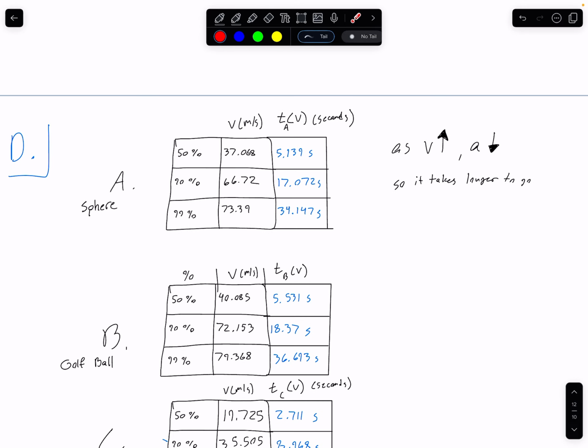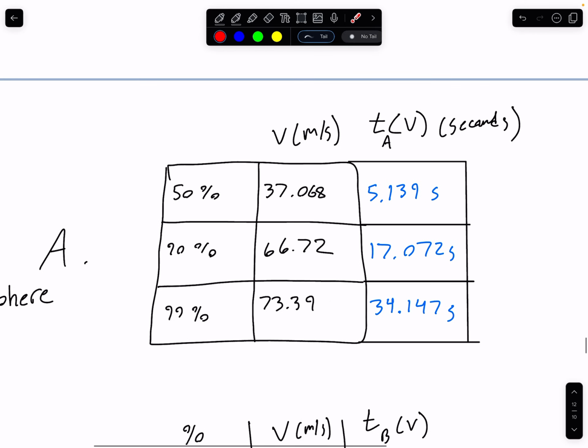And that is very confusing to look at, because for 50%, you'd expect, wow, it takes 5 seconds to reach halfway, so it should take 10 seconds with that logic to reach full terminal velocity. But looking at 90%, you see it takes 17 seconds to reach that.